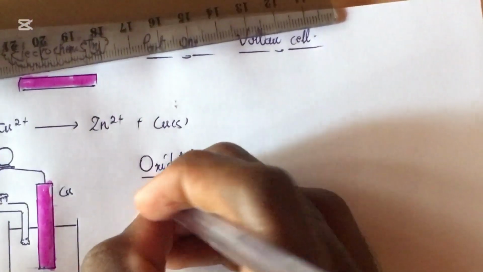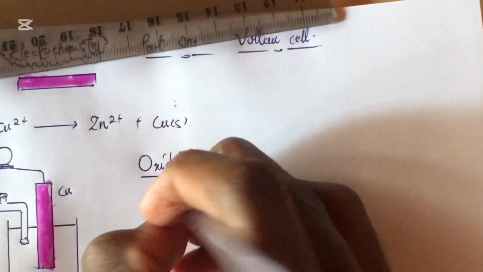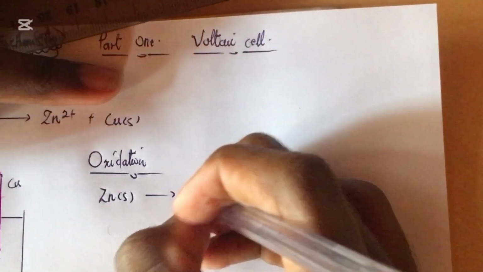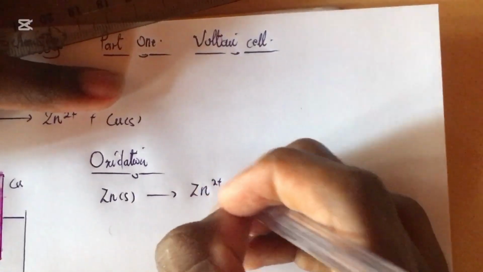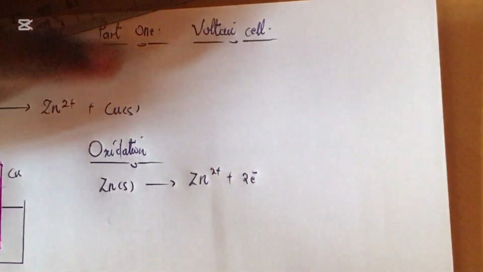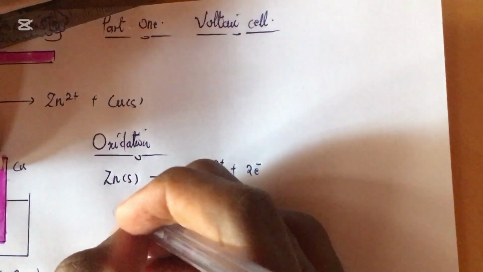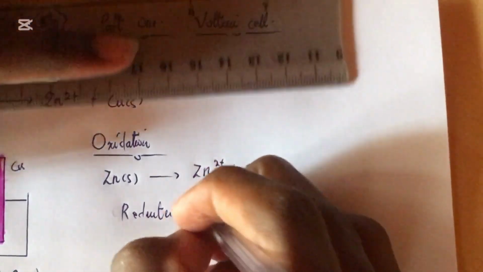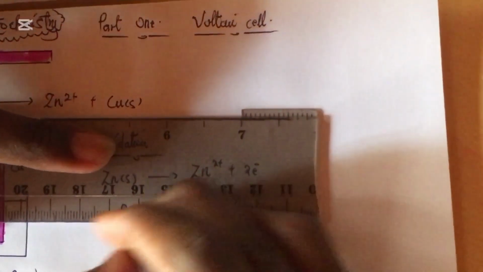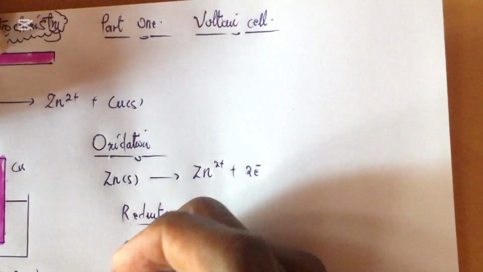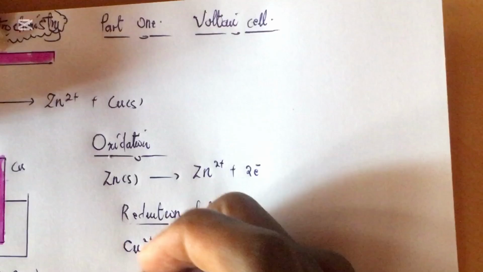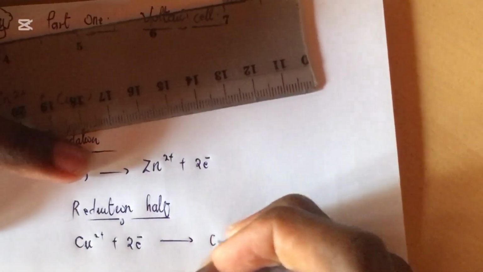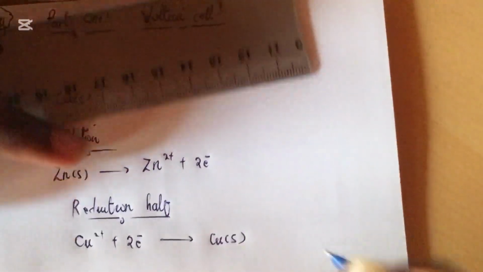For our oxidation half, we have Zn(s) giving you Zn2+, plus 2 electrons. The same way, for our reduction half, we have Cu2+ plus 2 electrons, giving you the Cu metal. Here is the Cu solid.